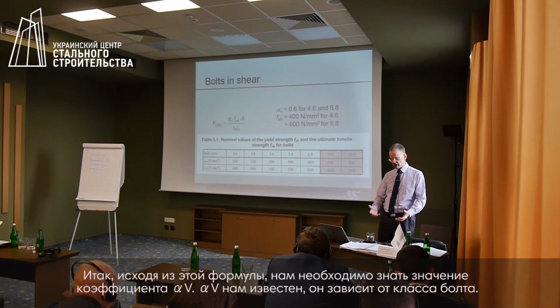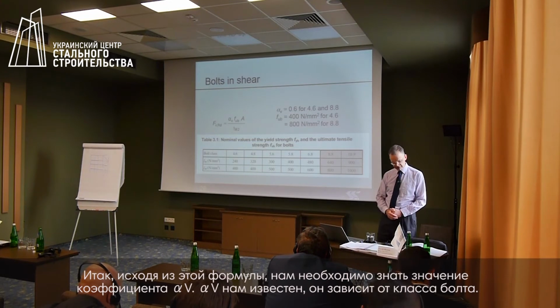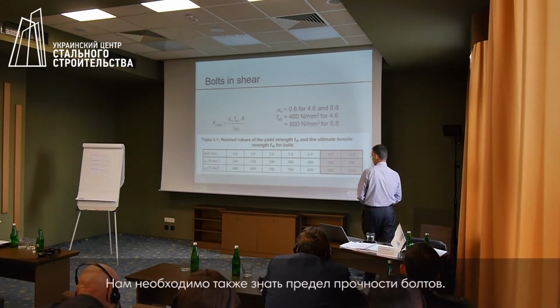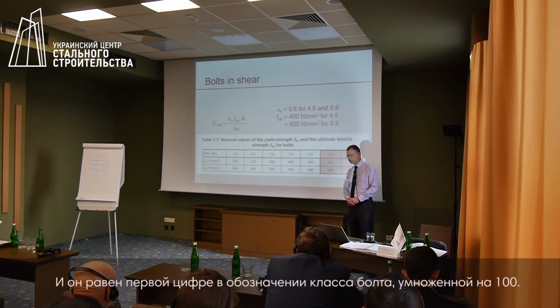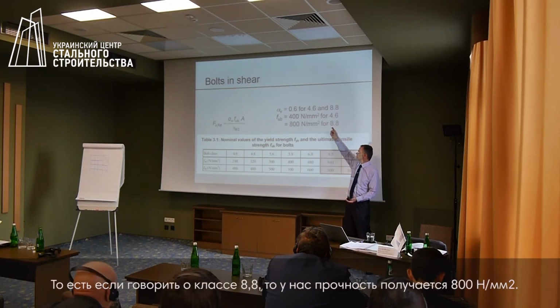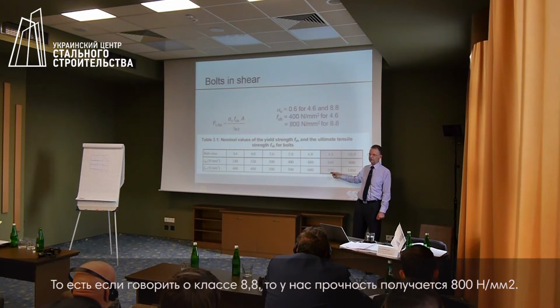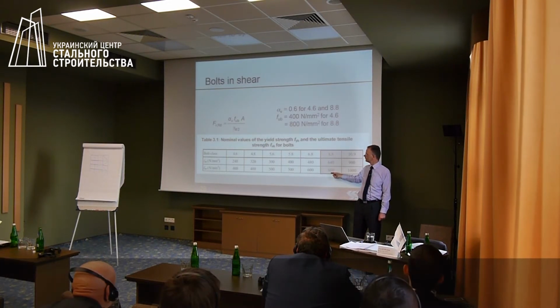So we need an alpha V factor, and alpha V is given to us, it depends on the grade of the bolt. We need the ultimate strength of the bolt, and the ultimate strength of the bolt is always the first number multiplied by 100. So for grade 8.8, the ultimate strength of the bolt is 800 newtons per square millimetre.